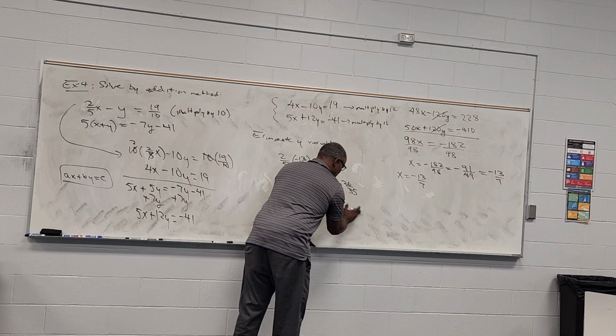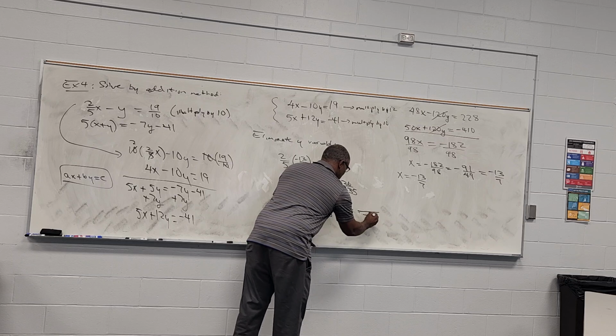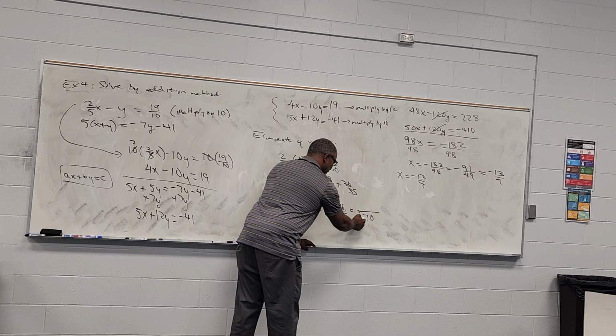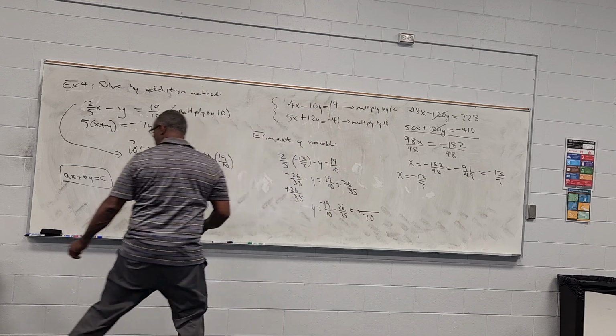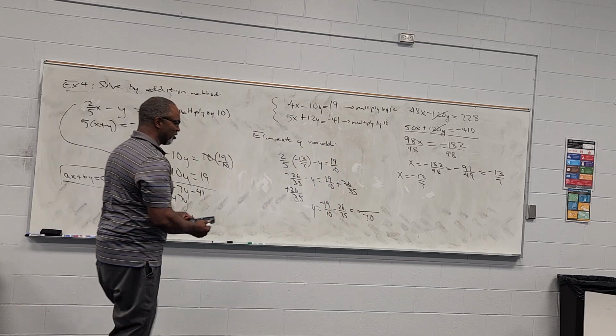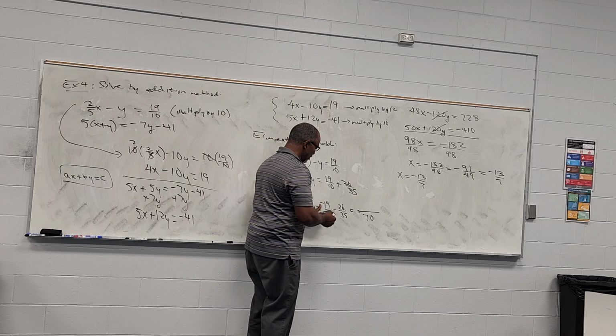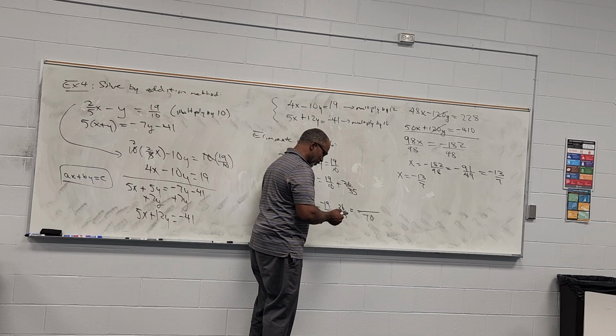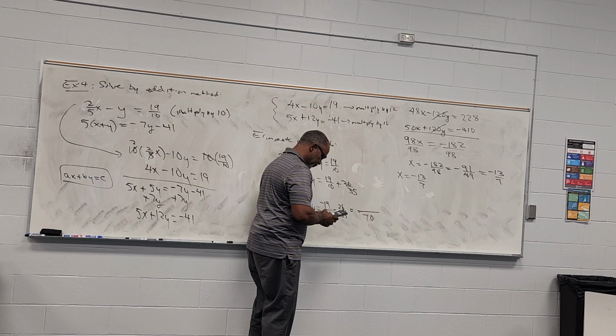The LCD of 10 and 35 is 70. I know this is kind of hairy, but you can take your calculator, this is a TI-36, and do these two fractions. So 19 over 10 and 26 over 35.